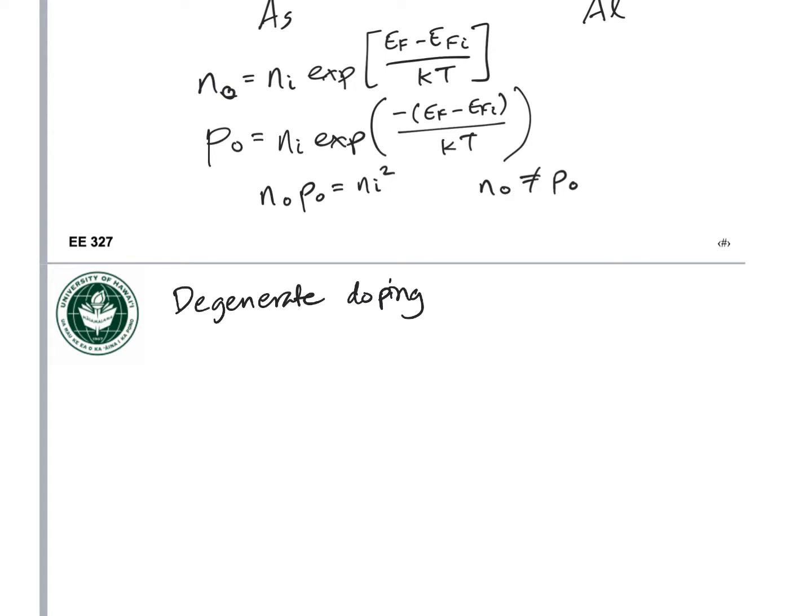Yes. Okay, so this is when you have a very high concentration of dopants, high enough that the Fermi energy is in the conduction band, or the Fermi energy is in the valence band. Why would you want to do that?